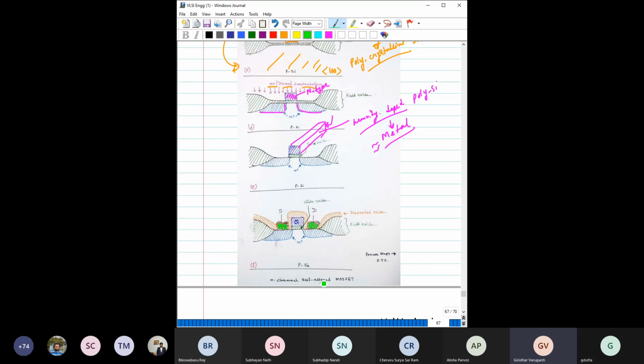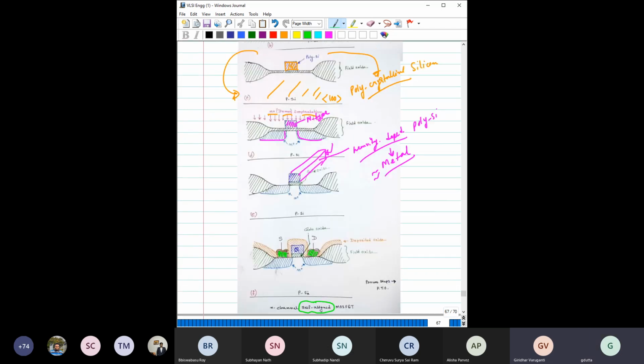But have you seen the beauty of the self-aligned process? The self-aligned process is that here this gate is automatically aligned between source and drain. Earlier you had to take the gate metal and manually align it between source and drain.